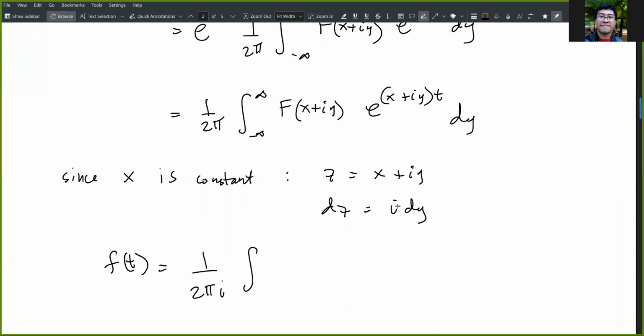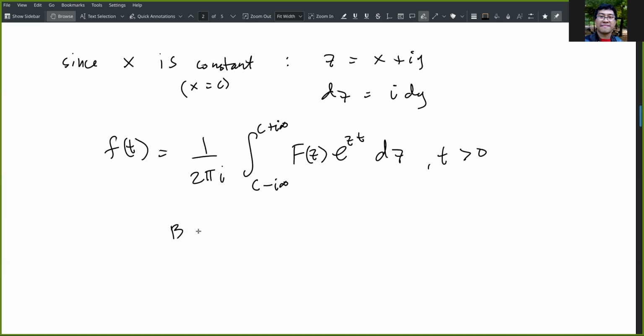It means that if x is a constant, suppose x equals c, then it becomes c minus i infinity to c plus i infinity. It's just like x is fixed at the value c in the complex plane. So we go from negative infinity along the y-axis to positive infinity. The integrand is F(z) e to the zt dz, working for t greater than 0.